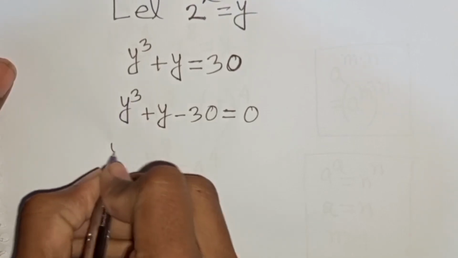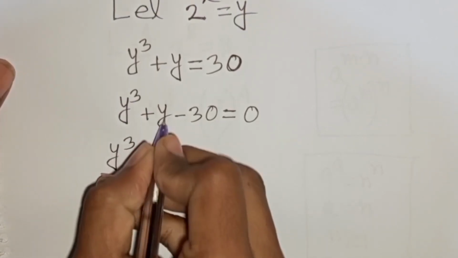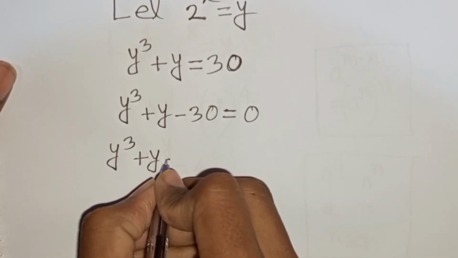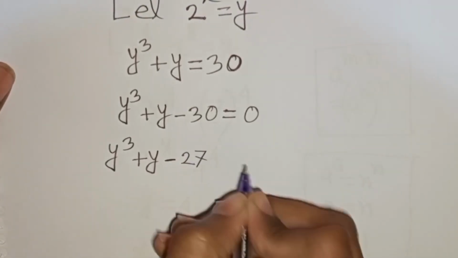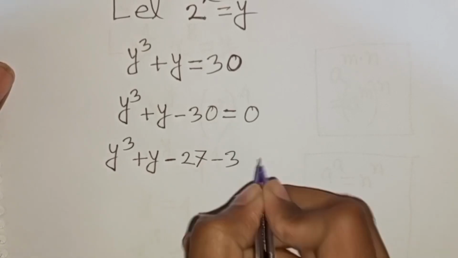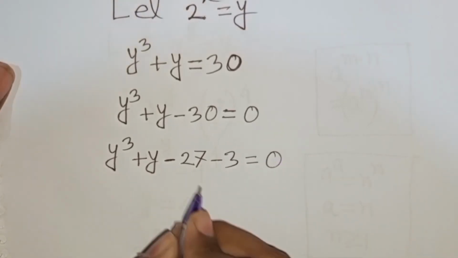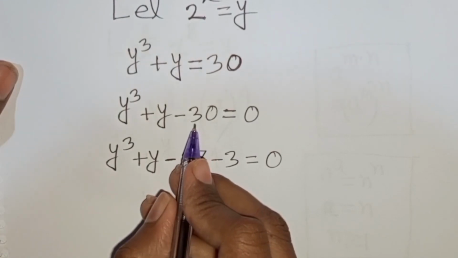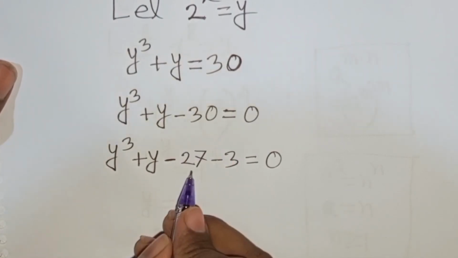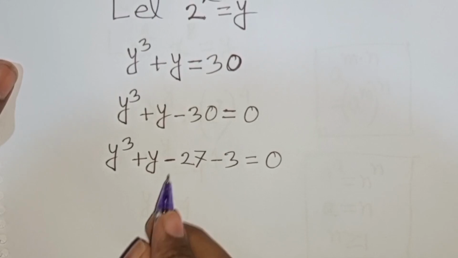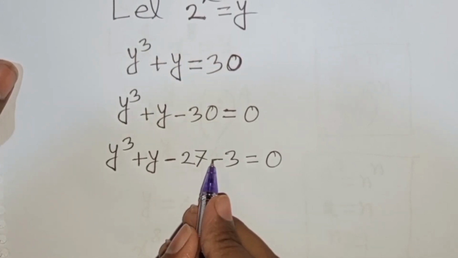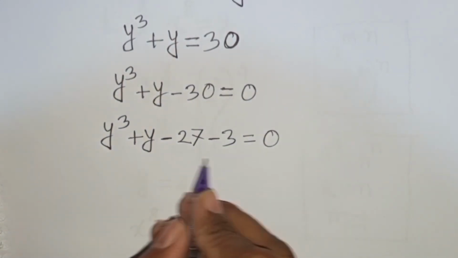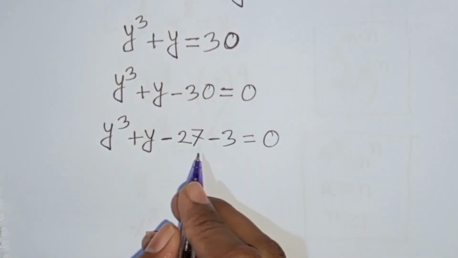Now we have y cube plus y, then minus 30 can be written as minus 27 minus 3, is equal to 0. How to understand this? Pay attention here, the nearest cubic number of 30 is 27. So minus 30 can be written as minus 27 minus 3. Most of the time you can understand such a process.